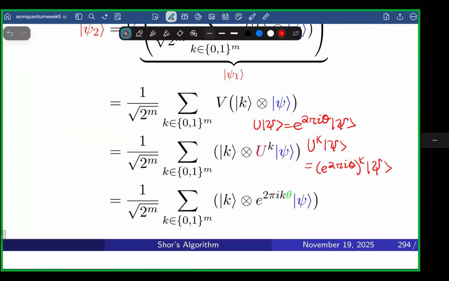Because every time we apply U, we add a new eigenvalue. So we just keep adding powers. And then by laws of exponents, you can multiply that k in. So that's where this k comes in. Let me know when you want to move on.